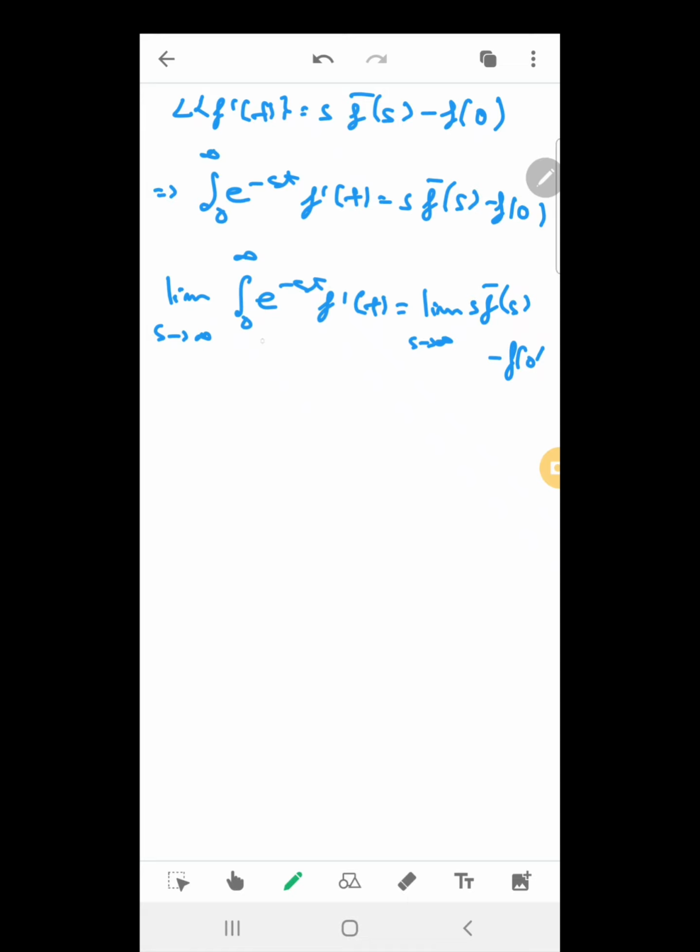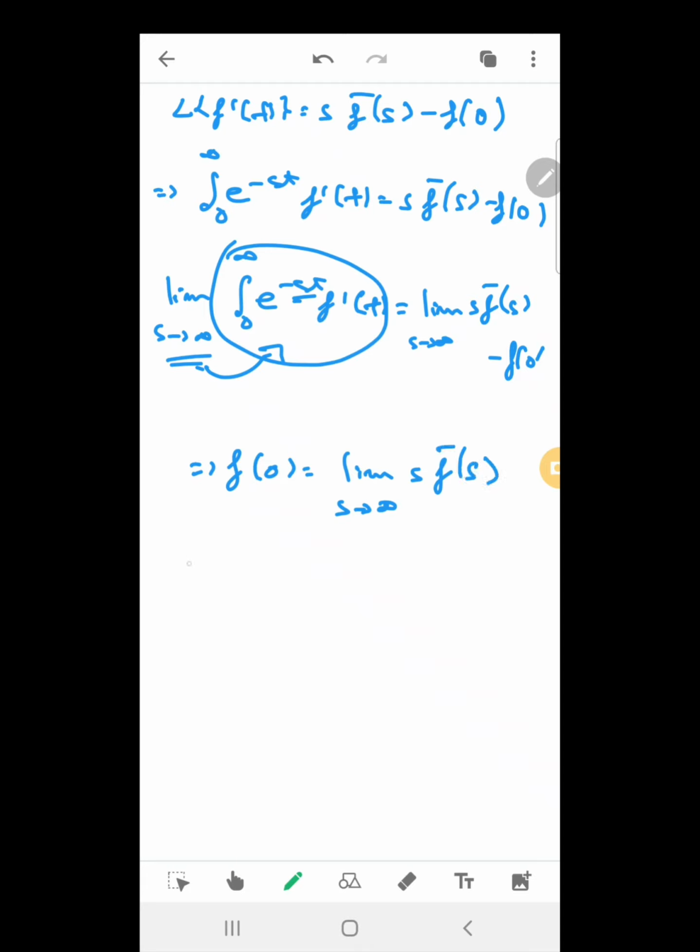Got it? Now this limit can go inside, and the limit of e to the power minus st as s tends to infinity is 0, so this whole portion becomes 0. From here we can say that f(0) equals the limit as s tends to infinity of s f bar(s). This can be written as the limit as t tends to 0 of f(t) equals the limit as s tends to infinity of s f bar(s).